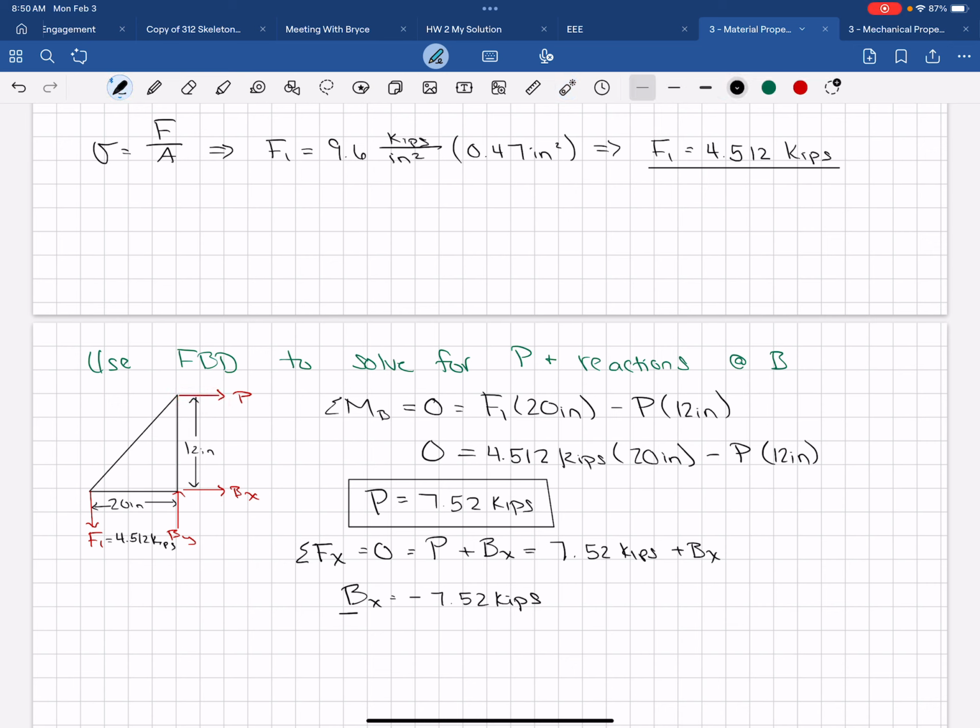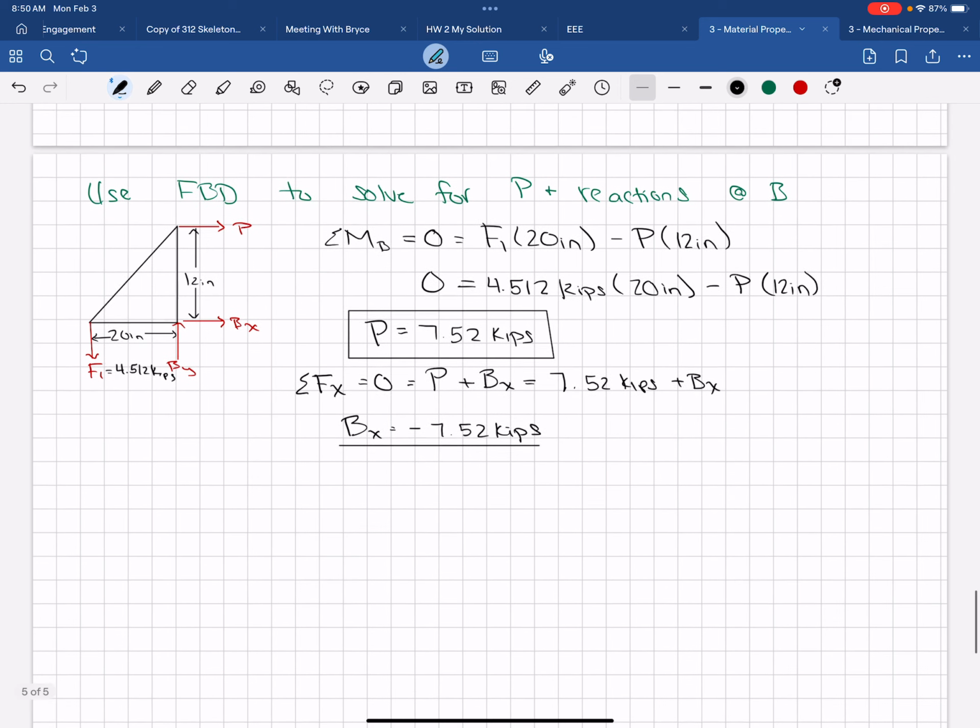And then we sum the forces in the y direction.